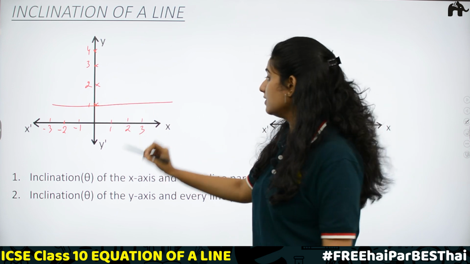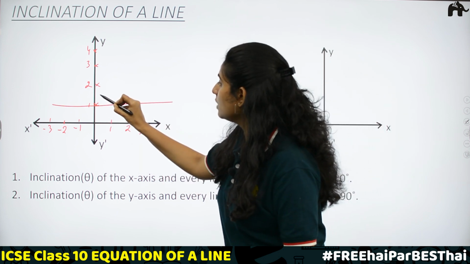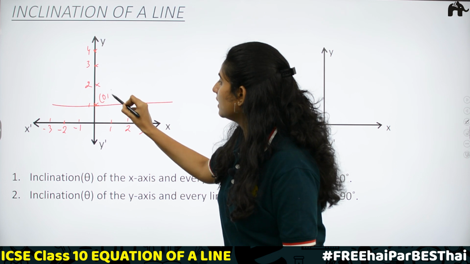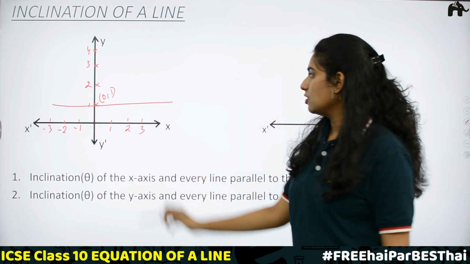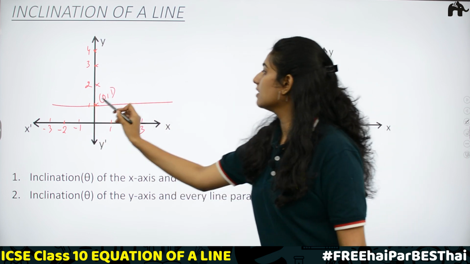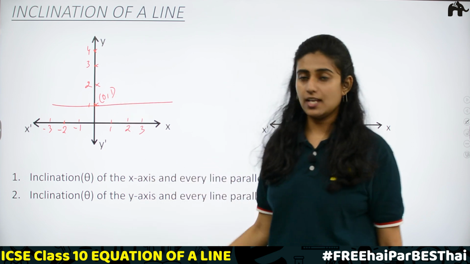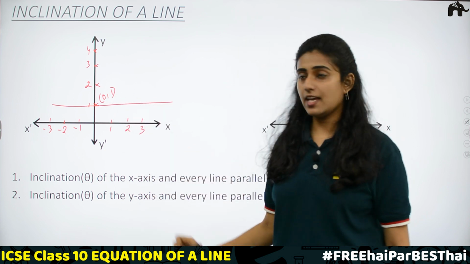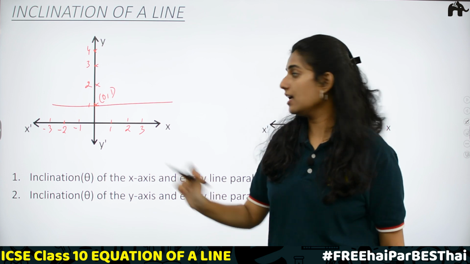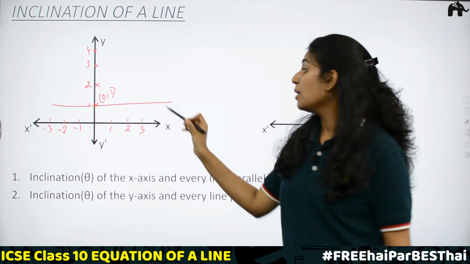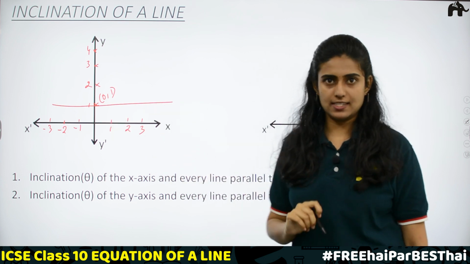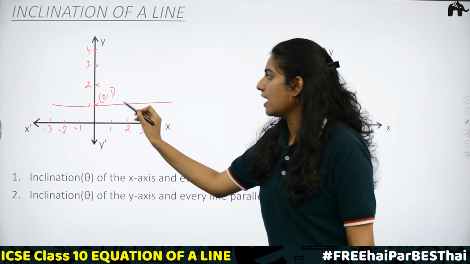The coordinates of this point are x coordinate 0 and y coordinate 1, that is, 0, 1. A line is passing through the coordinates 0, 1. This line is not intersecting the x-axis, but it is parallel to the x-axis.